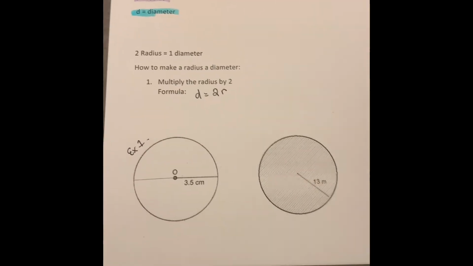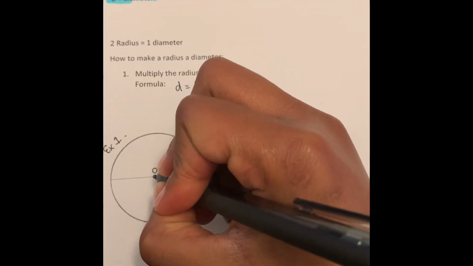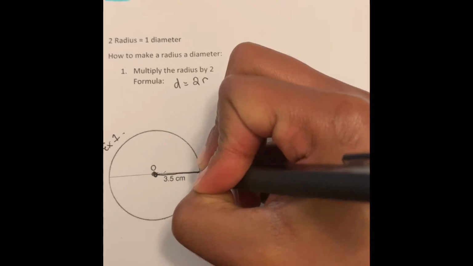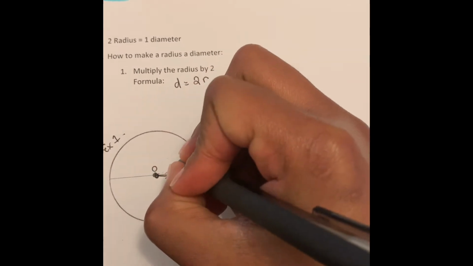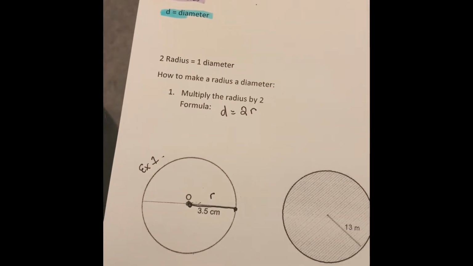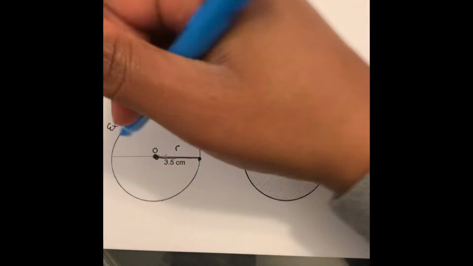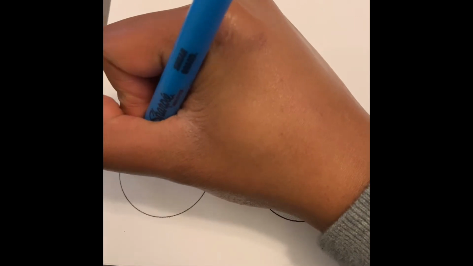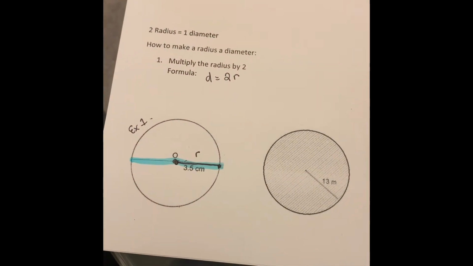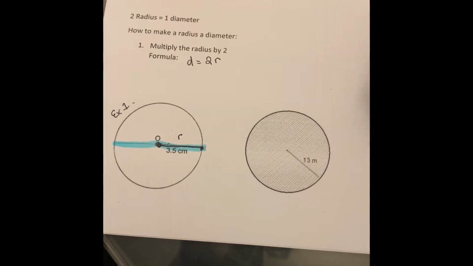So, example 1. If I look at this circle, I start at the center, and I go to my end point here. That is a radius. What it's asking me is, if I were to go all the way across, meaning from here to here, which now is a diameter, how long would it be?